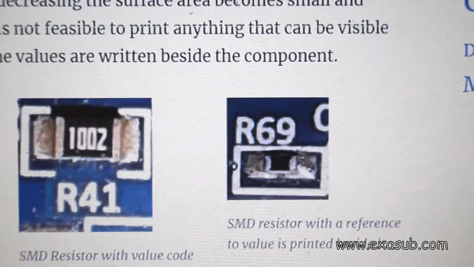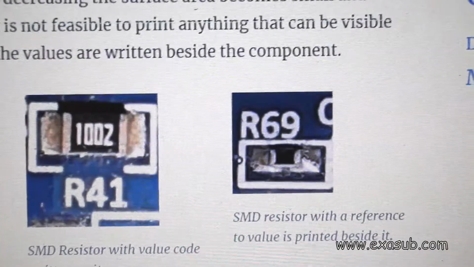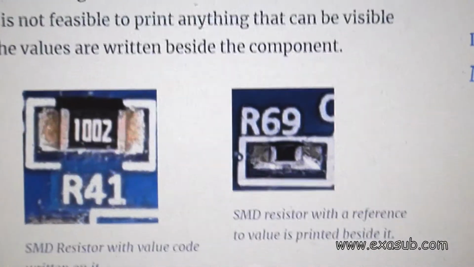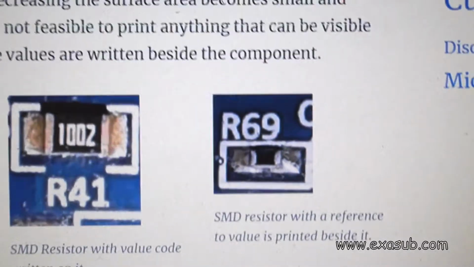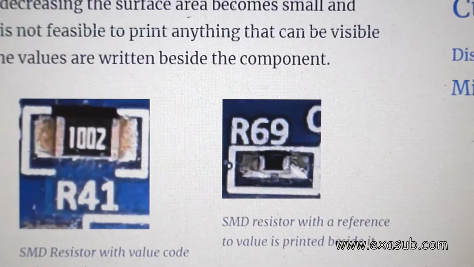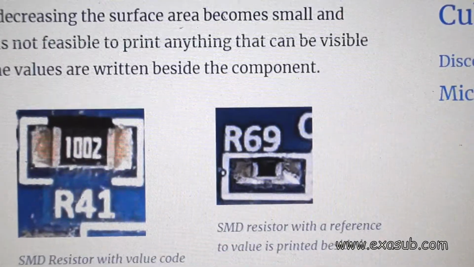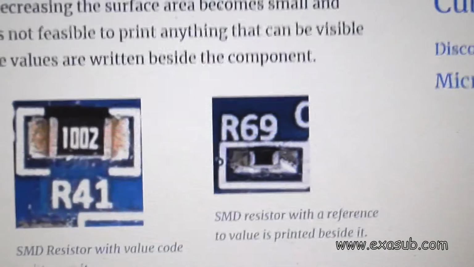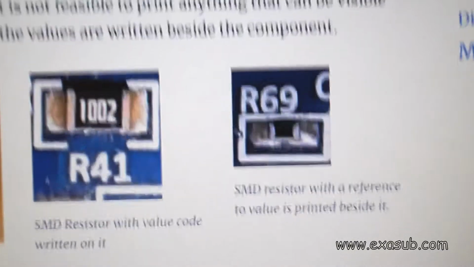When you look into the circuit diagram of this particular circuit which has this component, and you cross reference this number R69, you will find its value written in the document.